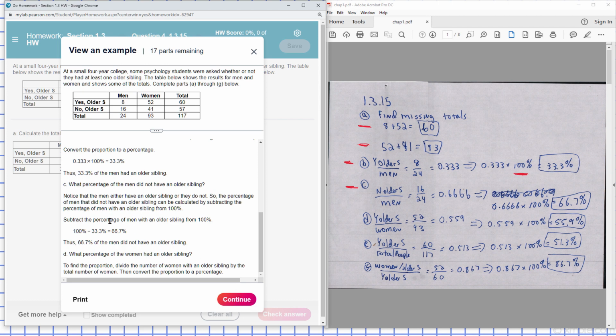And what they did here is they subtracted off the number that did have an older sibling, and whatever was left was the ones that did not have an older sibling.